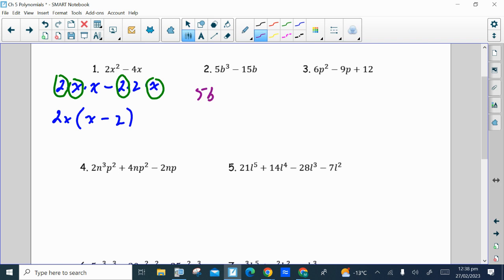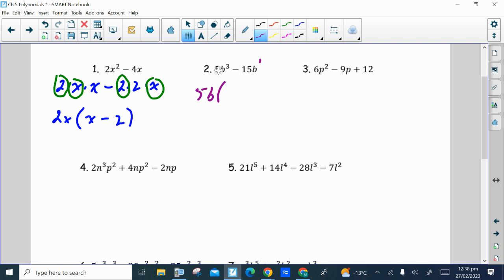And we said you're always going to take the power that's the smallest, right? The first term has a power 3 on the b. The second term has a power 1 on the b. The smallest power on the b's is b to the 1, so that is your common factor, 5b. And then we said that you can get the other factor by now dividing each term by the common factor.